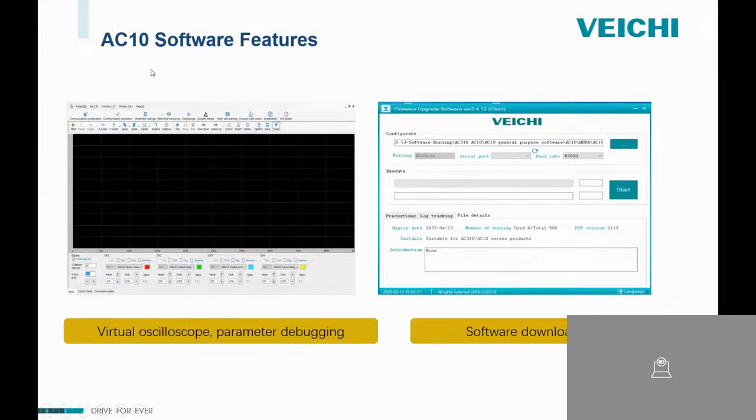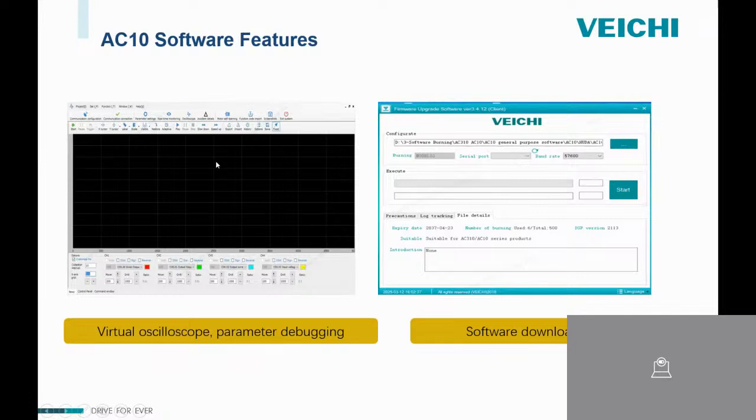Now let me introduce with you our AC10 software feature. We have our upper debugging PC software. Using this software, you can read or write the parameters. It's very easy to debug. Also our AC10 series upper debugging software has a strong virtual oscilloscope.